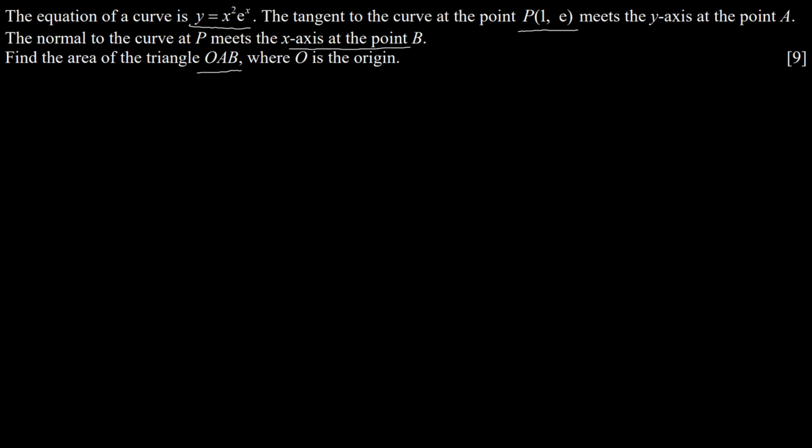First, we need to find the equation of the tangent by using this exponential equation with the product rule, and this tangent meets the y-axis at the point A. Meeting the y-axis means we consider x equals 0, and our target is to find the coordinate of A. In the second part, we need to find the equation of the normal of the curve, and this normal intersects the x-axis.